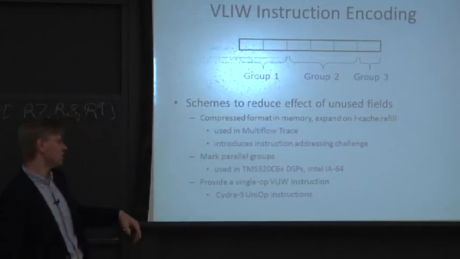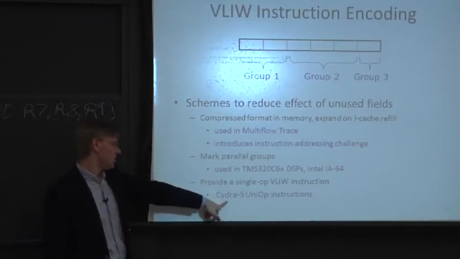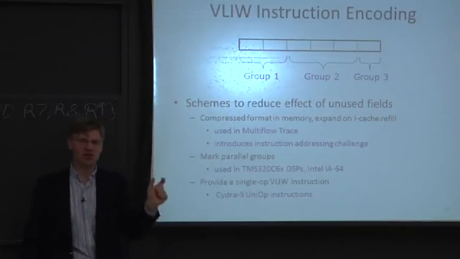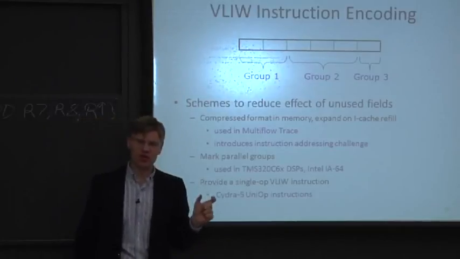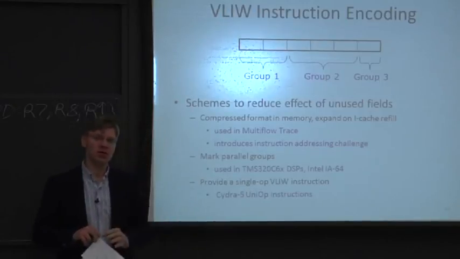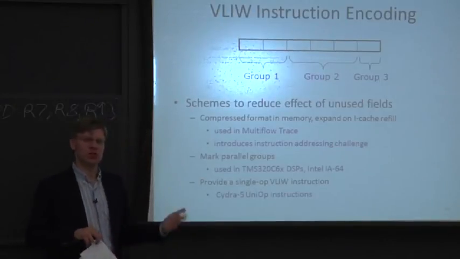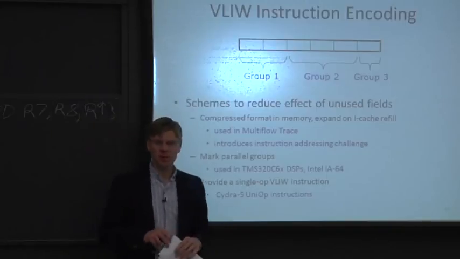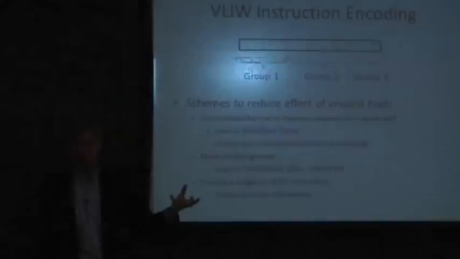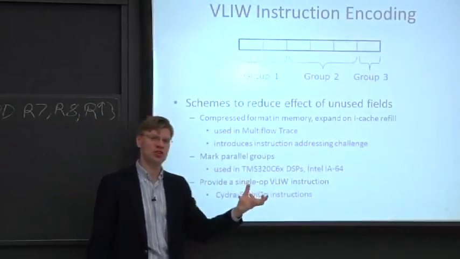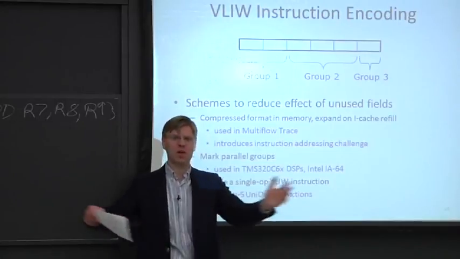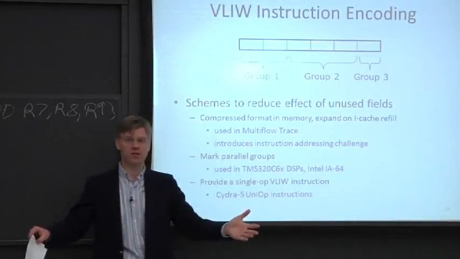There are a couple of different solutions here. Cydrome, or Cydra 5, added a particular single-operation instruction, which used a much smaller amount of memory. So this would effectively reduce your instruction cache pressure. There were also compressed formats in memory, so you can hold your instruction sequences in memory, and then when you pull them into your instruction cache, they expand to the fully expanded version.